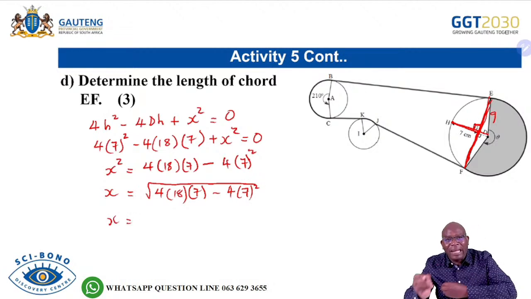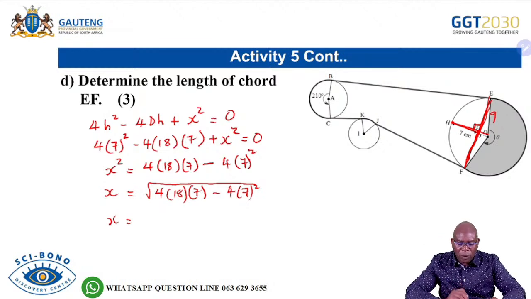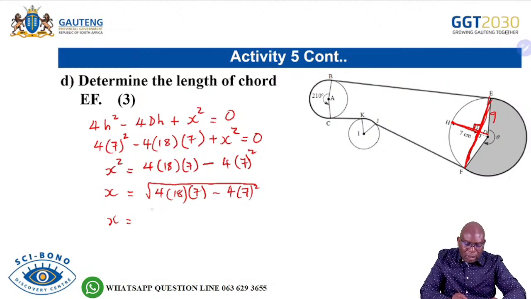Remember, it is the length of the chord. We can't put a plus or minus, so the length of the chord will be positive. Now, if I do it on a calculator there, I get 2 square root of 77, or I can write this as 17,55.